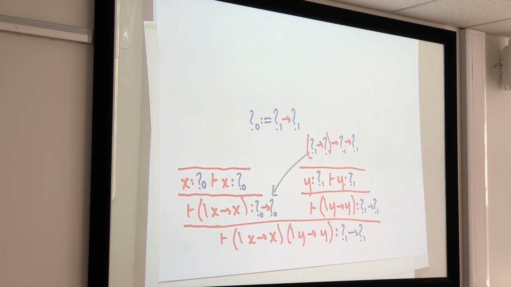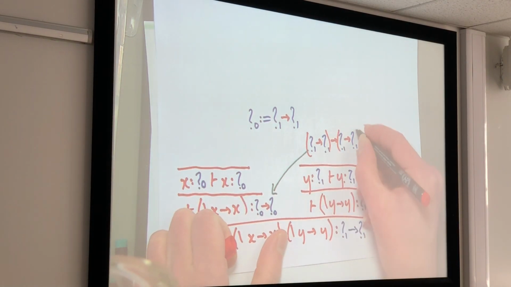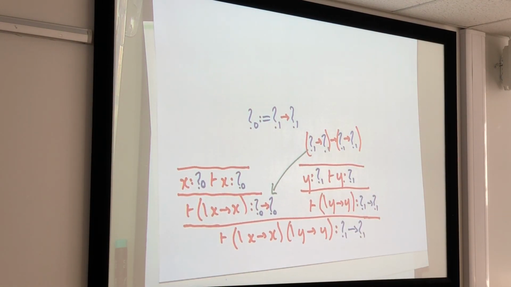Yeah? Why aren't the parentheses around the second pair of question mark 1s? I'll put them in. By convention, arrow associates to the right.